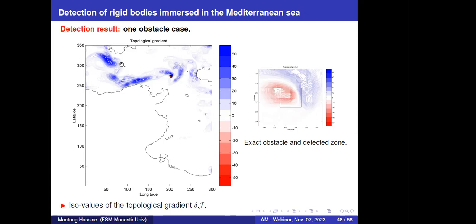As one can remark here, the most negative value of the topological gradient coincides with the exact location of the unknown obstacle. So we have a good detection of the unknown obstacle from a measurement of the velocity on the sea surface.